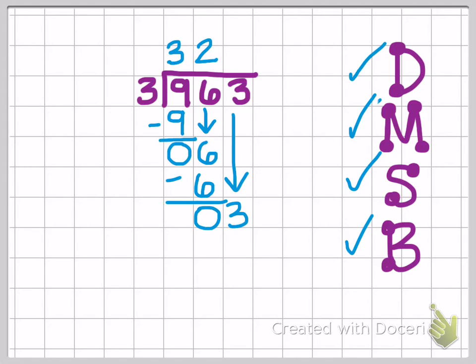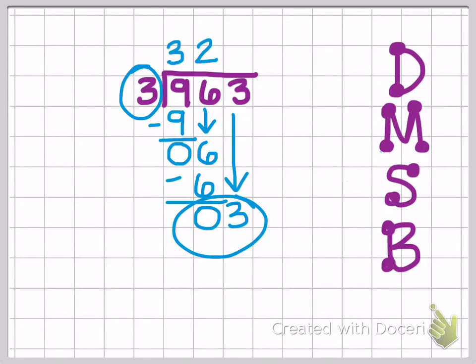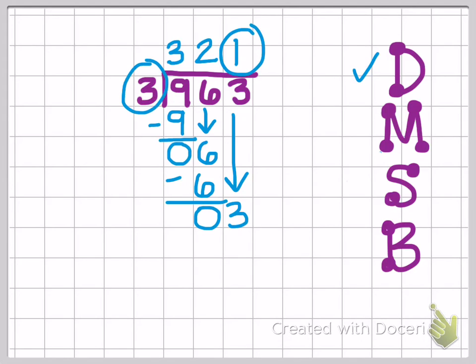And it looks like it is time to start the process over again. So now we're looking at 3 divided by 3. 3 divided by 3 is 1. Now we multiply. 1 times 3 is 3.